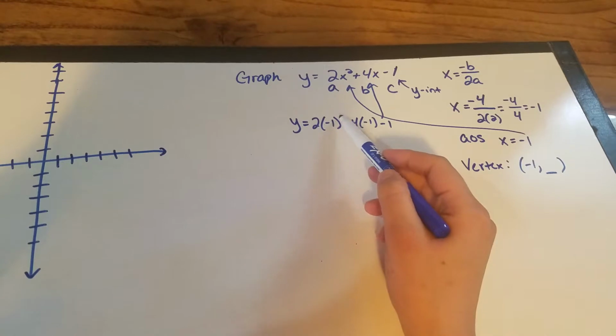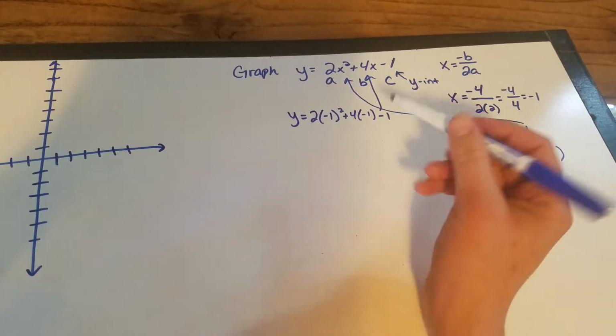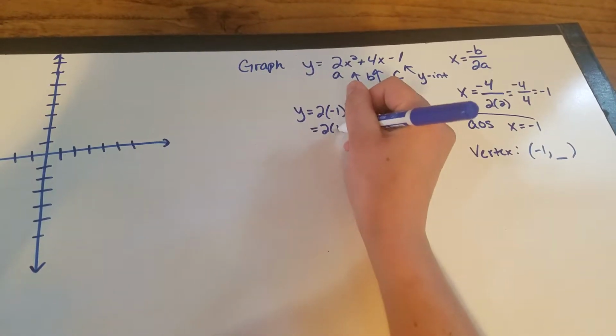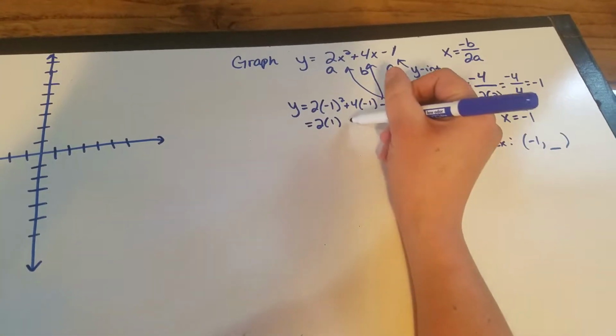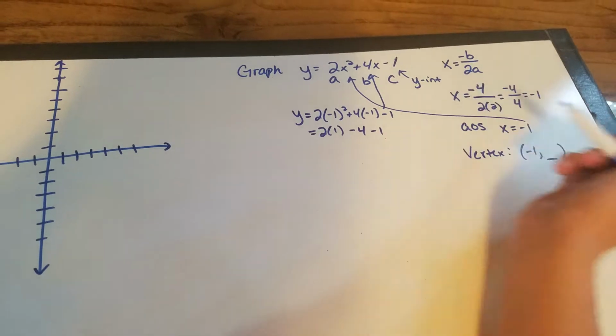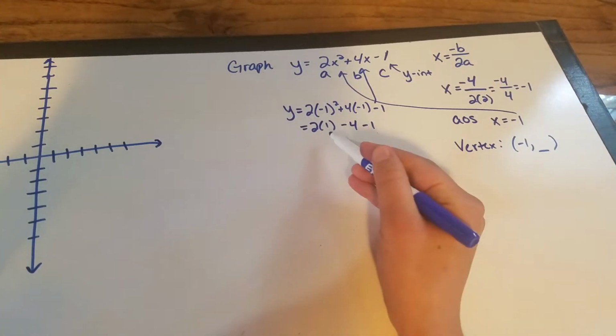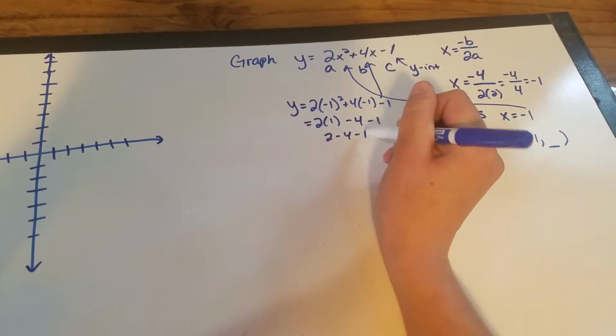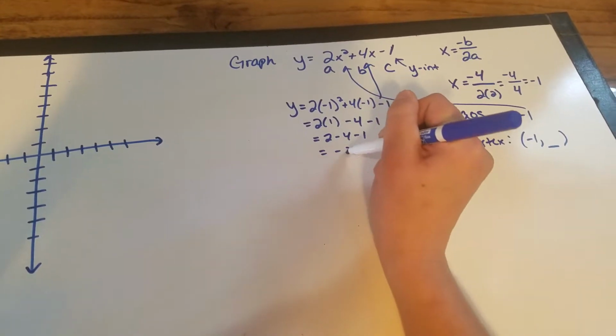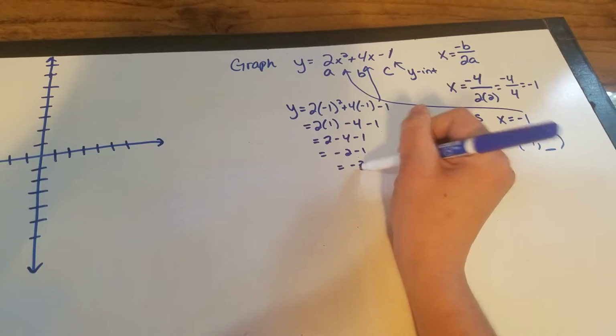So negative 1 squared would be negative 1 times negative 1, which is going to give us a positive 1. I'm just going to leave that there for a second. 4 times negative 1 is negative 4, and then minus 1. 2 times 1 is 2. 2 minus 4 is going to be negative 2, and negative 2 minus 1 is negative 3.